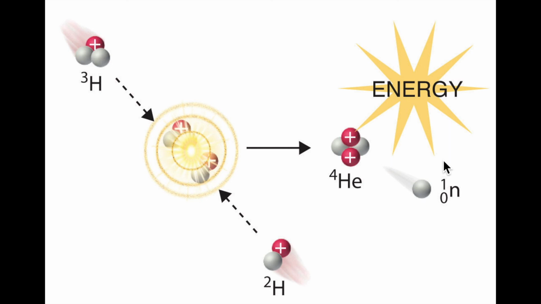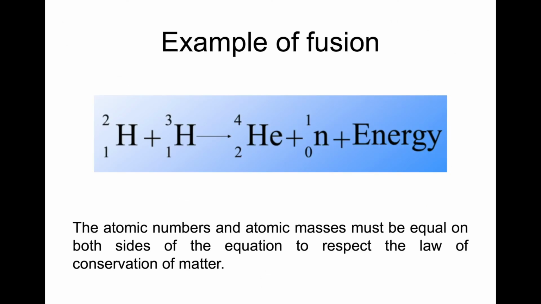Now, how do we write this in a reaction equation? It can look like this. We have deuterium, so mass of 2, 1 proton. Tritium, 3 particles, 1 proton. That turns, after colliding, into an atom of helium and 1 neutron, and of course some energy.